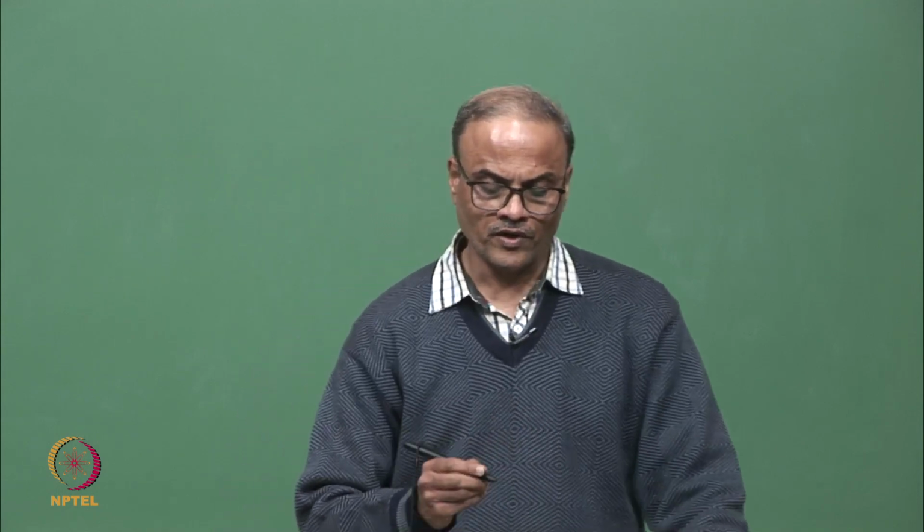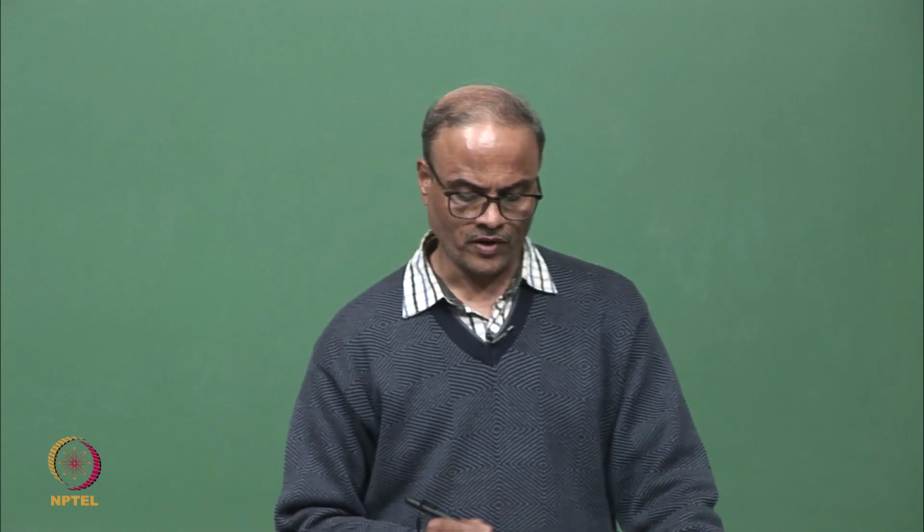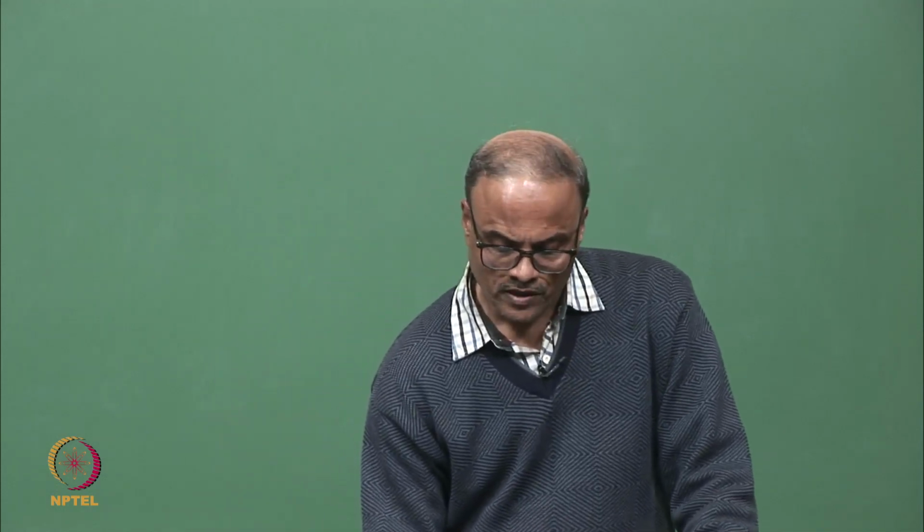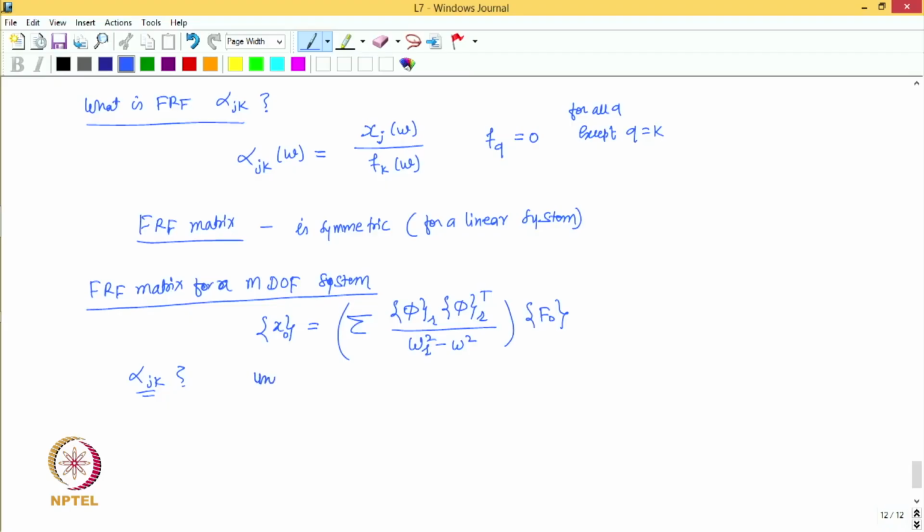So let us invoke the definition of alpha jk we just defined. So let us have a unit amplitude harmonic force at the kth df, right, and no force at all other dfs.